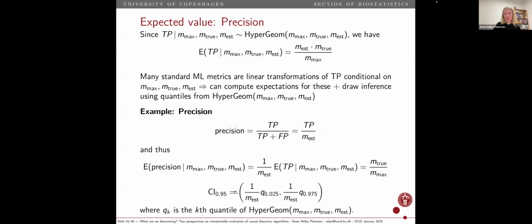We can also get a confidence interval for it by using the same logic because of the linearity. That's quite neat. We can do this very easily, and we don't even have to do simulations if we're just interested in these skeleton metrics. And I think, at least when you look at what people are publishing, that's usually the first thing they look into.